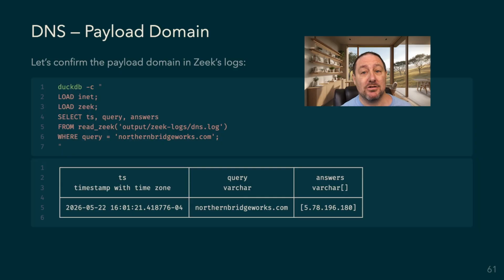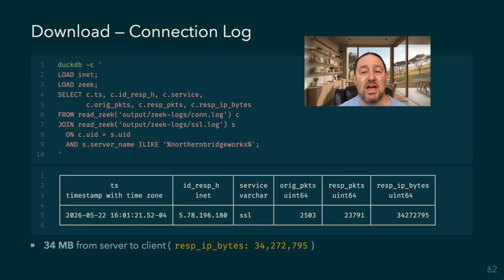Spoiler alert: a lot. Nobody's downloading a system maintenance utility that's 34 megabytes, in reality. Per the conn log, 34 megabytes were sent from the server to the client, but there's no file name because it's encrypted HTTPS. Brad's analysis package decrypts it as ratelimit.zip, and it's over 33 megabytes.